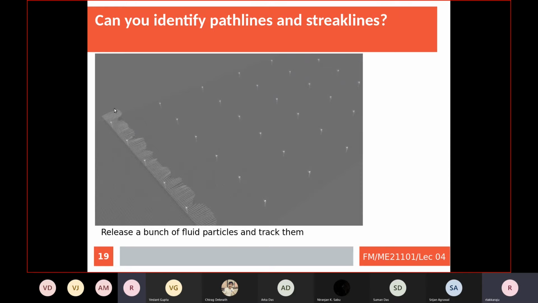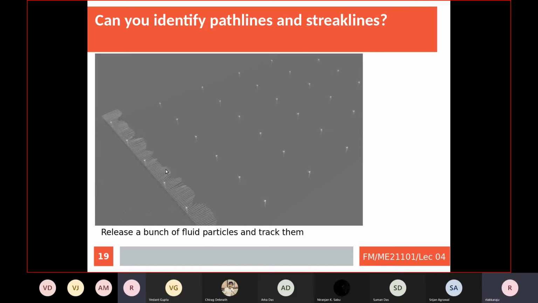Now each of those lines where a soot particle goes from one location to another, that means left to right, if I move my cursor from here to here, that line is called the path line of that particular particle. Let us stick here, from here to there, along that line.